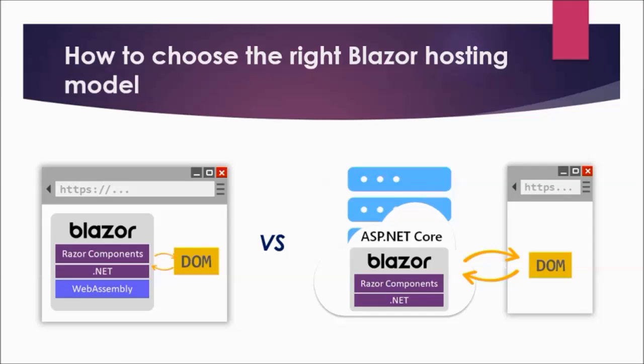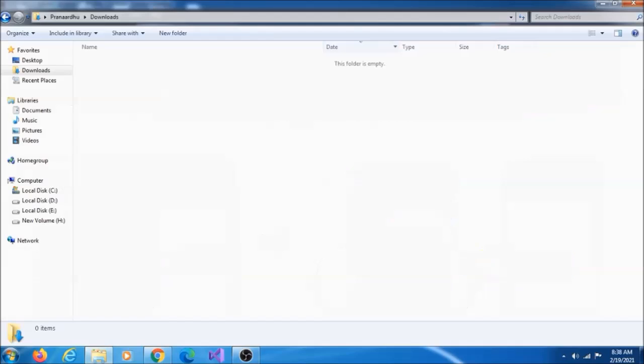How to choose the right Blazor hosting model? Before we compare the benefits and downsides of each hosting model, we will create a sample application with both server and WebAssembly applications and we will run those applications.